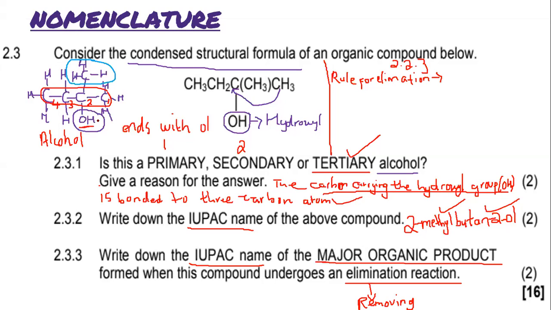And we must remove the functional group. And when we remove the functional group, my dear learners, it means this carbon is going to be short of bonds. Now, when this carbon is short of bonds, after removing the OH, which is the functional group, it means to make the product look correct, I have to introduce a double bond.